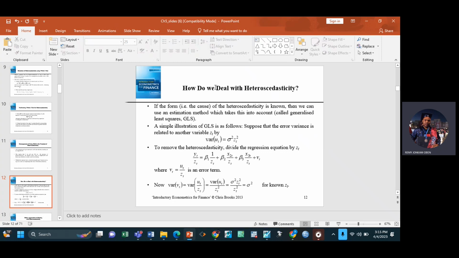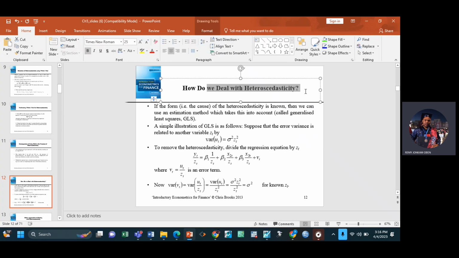How do we deal with heteroscedasticity? That is the solution. How can we solve the heteroscedasticity problem? Yes. First, if the data is not in log form, you can convert it into log form. Yes, that's correct. Actually, it's always advisable to use log transformation because it tries to solve so many problems: normality problems, heteroscedasticity, even autocorrelation.